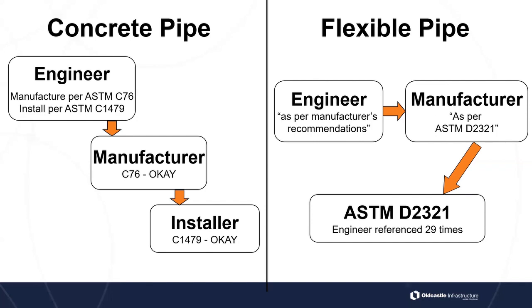So it effectively sends the liability right back to the engineer. So if we're just calling out manufacturer's recommendations and not doing all of the recommended calculations per the manufacturer's drainage handbook and per ASTM D2321, then the liability falls back on us, the design engineer.